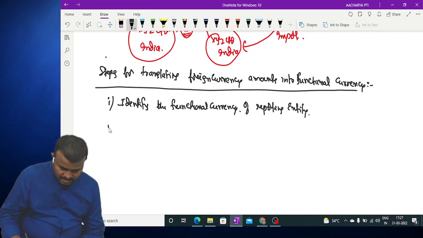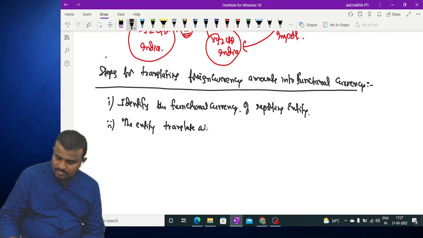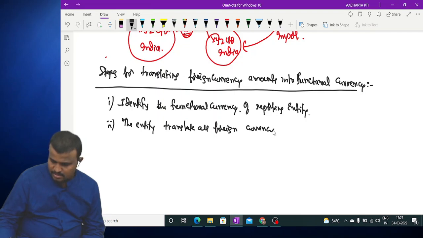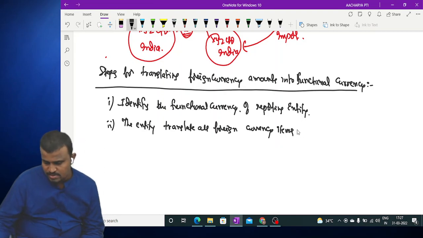Second, the entity translates all foreign currency transactions or items into its functional currency.